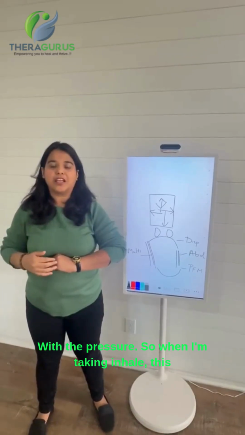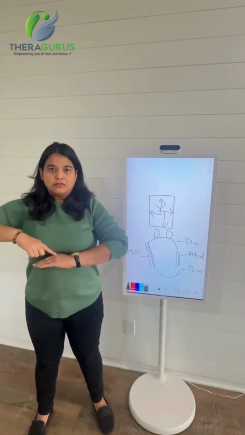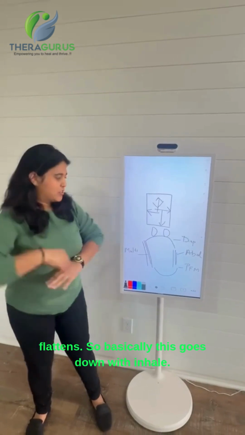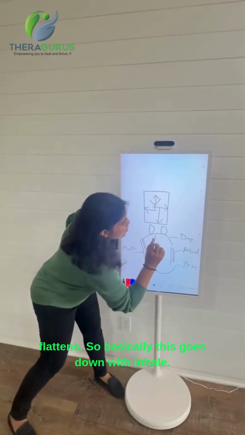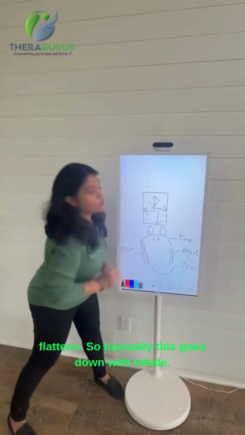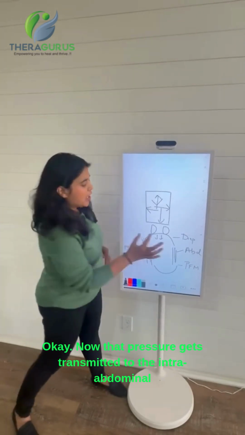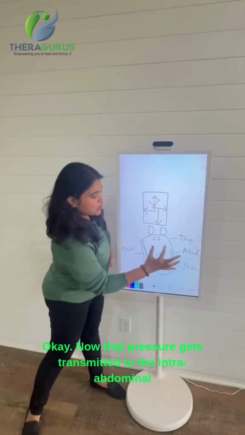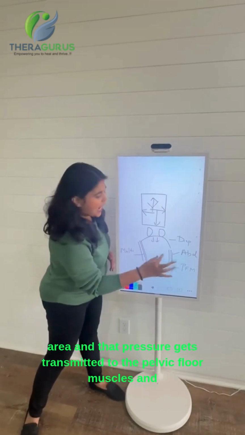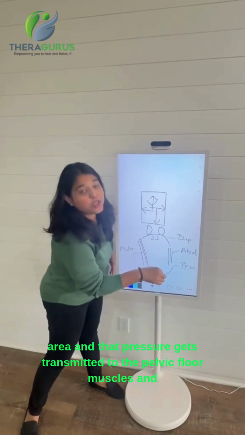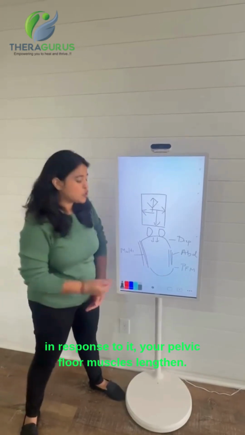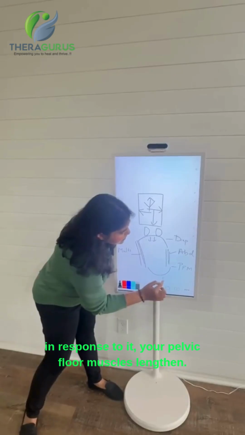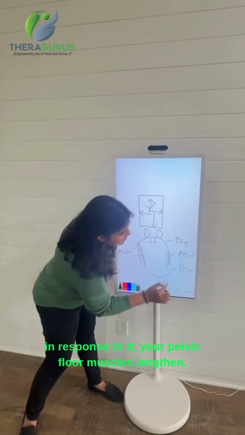So when I take an inhale, this flattens. So basically this goes down with the inhale. Now that pressure gets transmitted to the intra-abdominal area, and then to the pelvic floor muscles, and in response to it, your pelvic floor muscles lengthen.